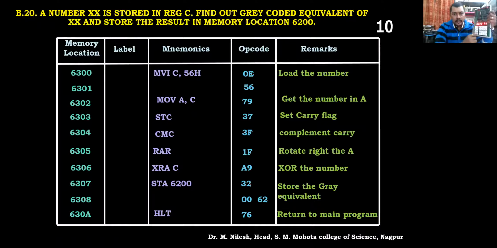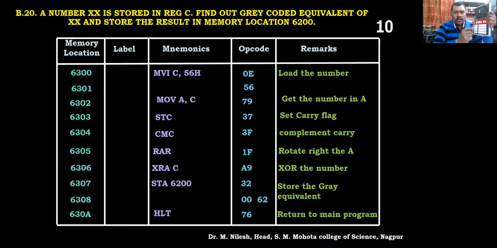Then set the carry flag, that is 37. Then complement the carry flag, that is 3F. Then at 6305 we have rotate the accumulator right through carry, that is 1F.